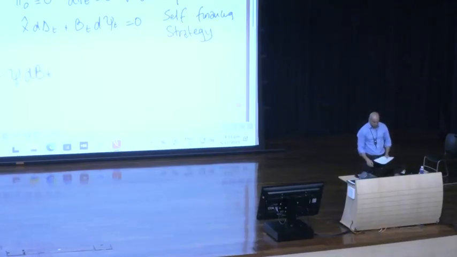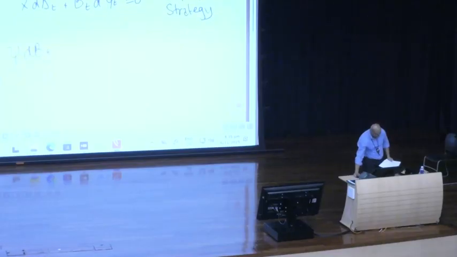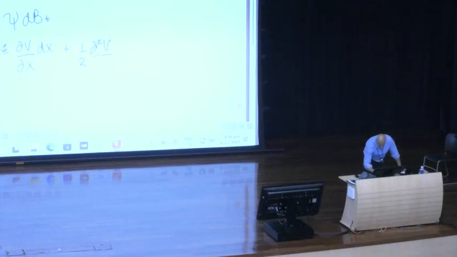Okay. What's dV? Well, that's just Taylor. Note it's dx. Okay, V is a function of x, not x hat. And this, of course, is the Ito term.